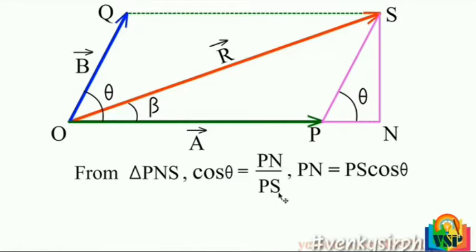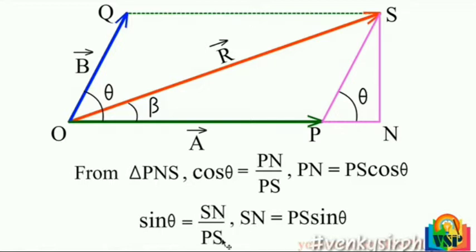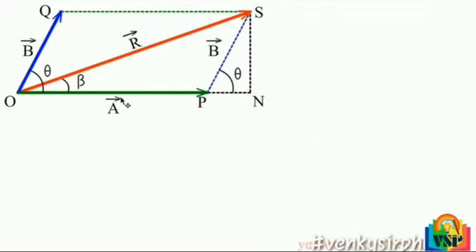Then PN is equal to B cos theta. Sin theta is equal to SN by PS, so SN is equal to PS sin theta.